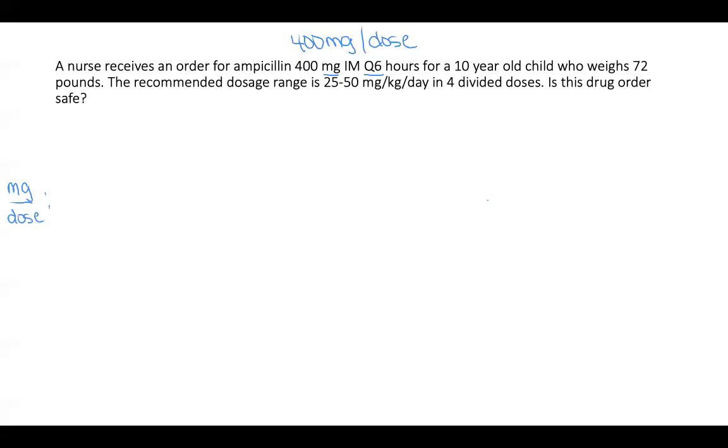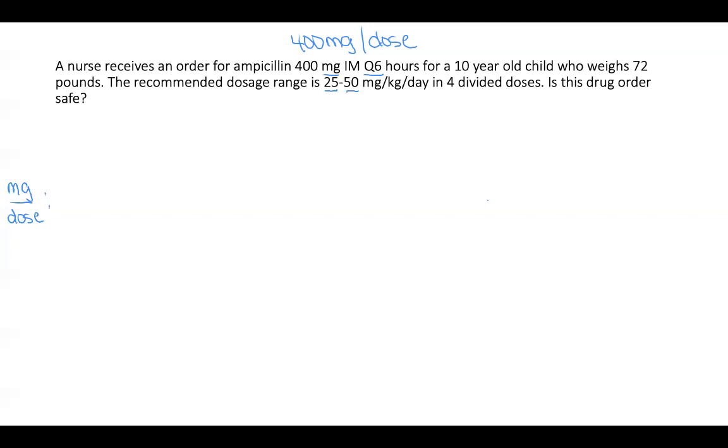Now, when I read the problem, I noticed it wasn't just a recommended dosage, it was a recommended dosage range. That means they're giving me a minimum recommended dosage and a maximum recommended dosage. The minimum recommended dosage is right here, 25 milligrams per kilogram per day. And the maximum recommended dosage is 50 milligrams per kilogram per day.